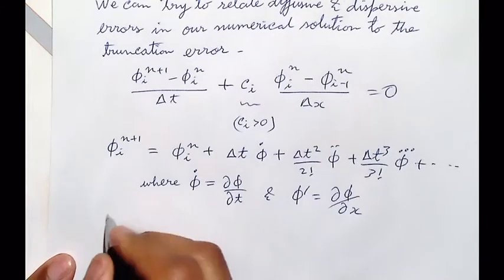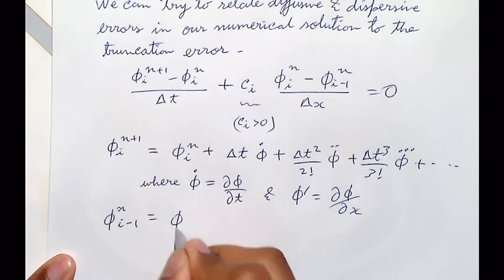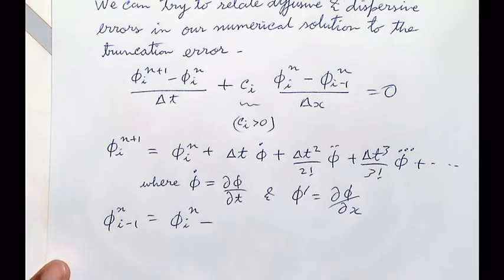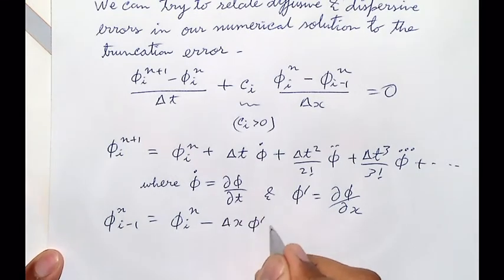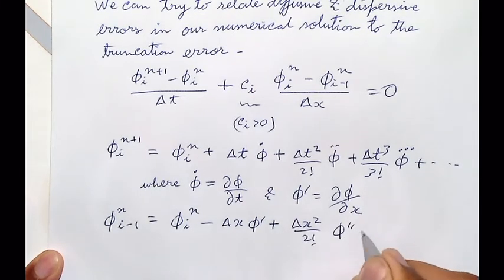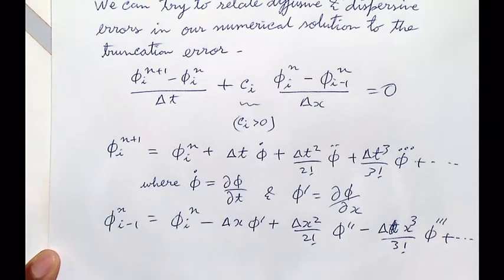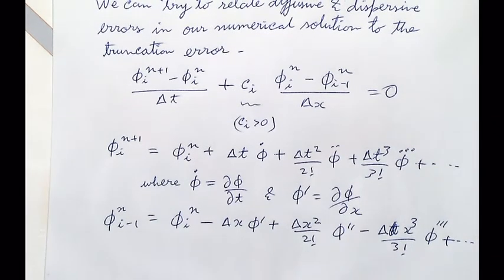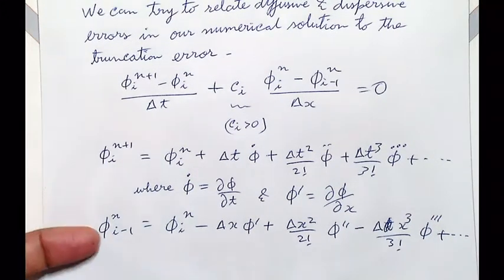Similarly we can write phi at i minus 1. Stop me if I make a mistake. So we have the Taylor series expansion for the next time step and the previous grid point.